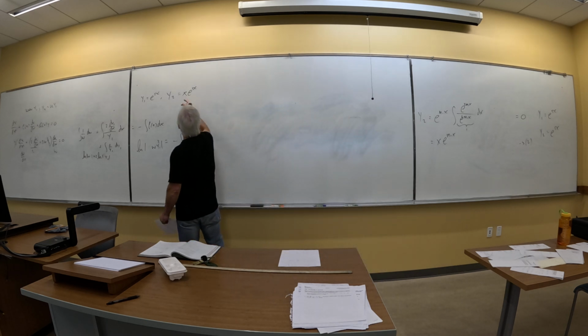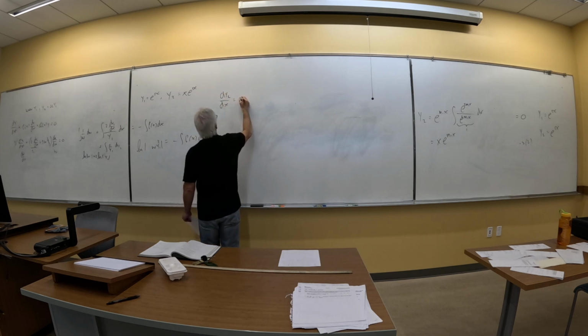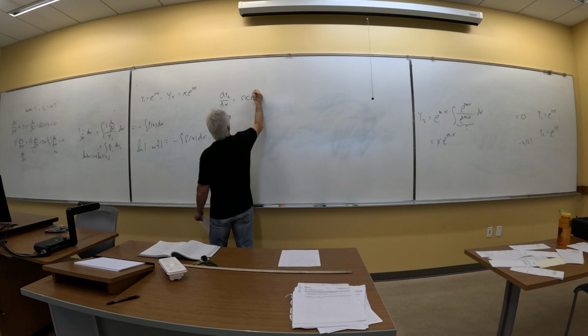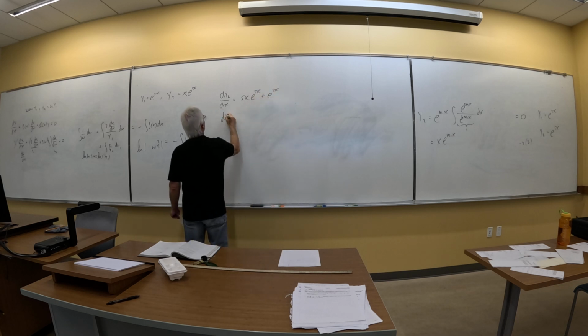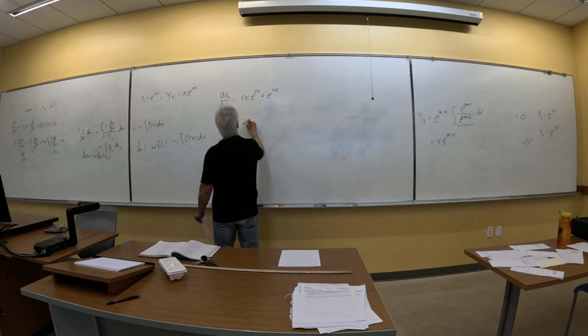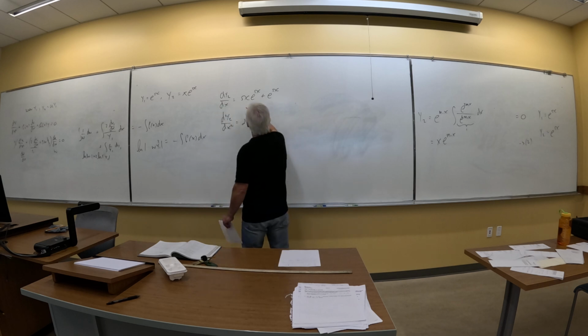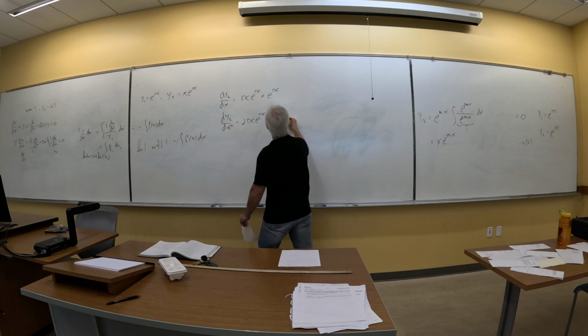Let's take two derivatives of this. So dy2/dx is first times derivative of second plus second times derivative of first. Then the second derivative of this, first times derivative of second, second times derivative of first, and then the derivative of this guy.